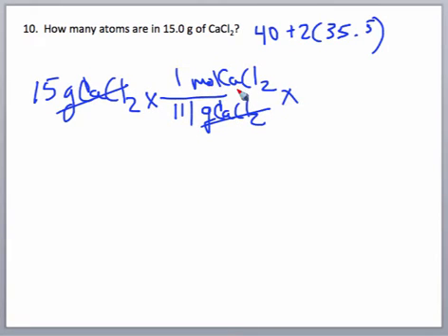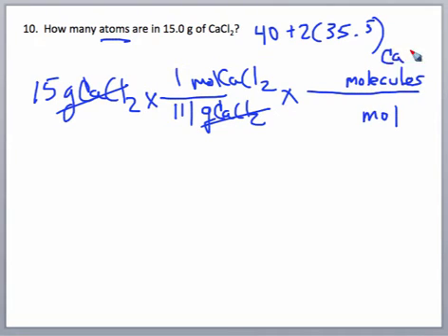We have moles of calcium chloride, but we need atoms. So let's do another conversion. Now we're going to go moles. Now we can't go moles to atoms because calcium chloride is not an atom, but we can go molecules. Now technically it's not a molecule either, but that's what we're going to call it. 1 mole.